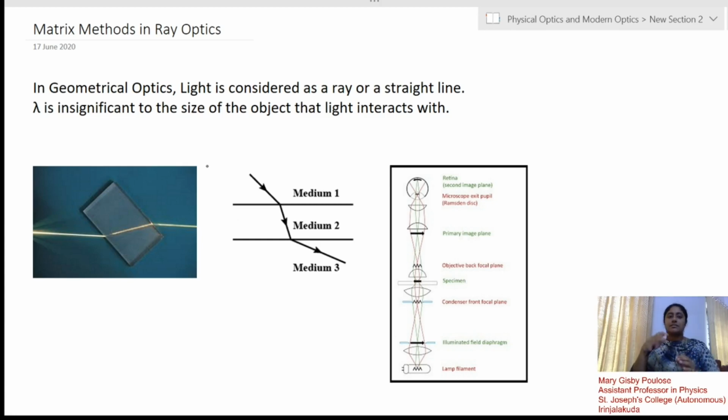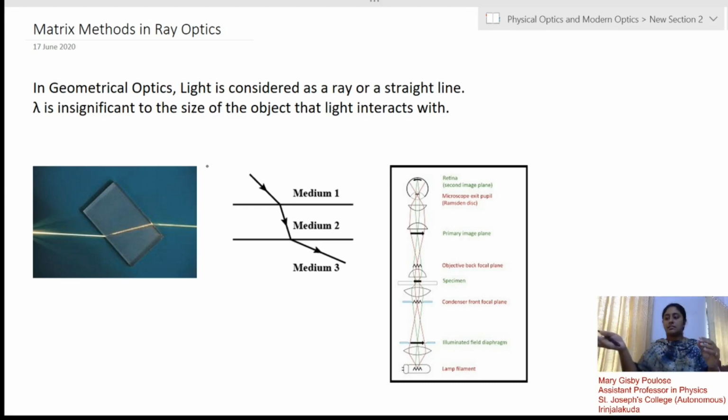This is because the wavelength of the light taken into consideration is very small, or very insignificant, compared to the size of the object with which light is interacting. The wavelength of light is just in nanometers.